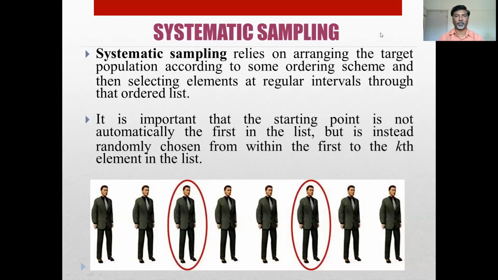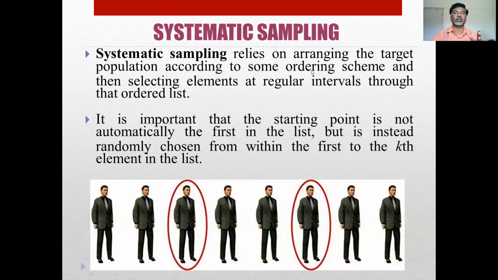So in systematic sampling, we arrange the total population in sequence, in an ordered list, and at some regular interval from that list we select the members as a sample for my research.